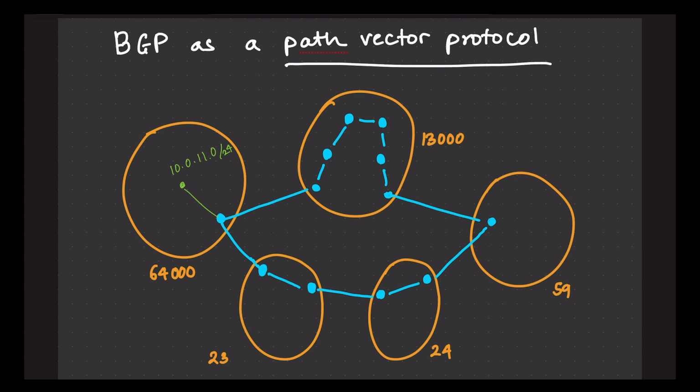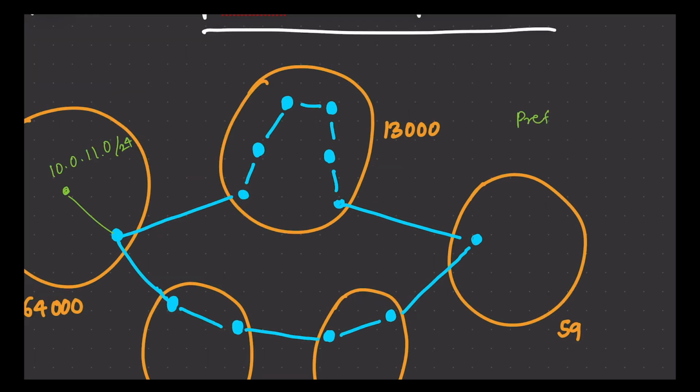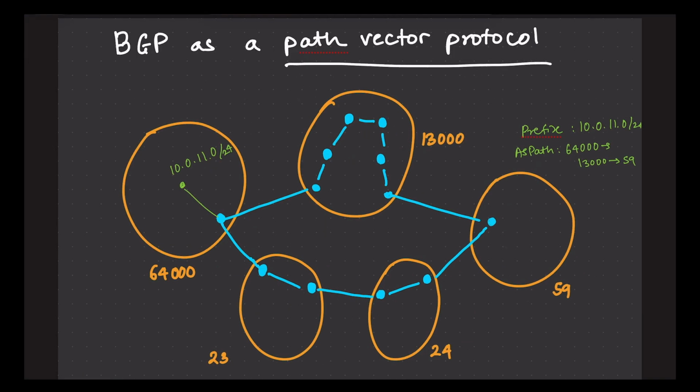So this route, when it reaches AS59, might look like prefix 10.0.11.0/24, and AS path, which is 64000 followed by 13000 followed by 59.